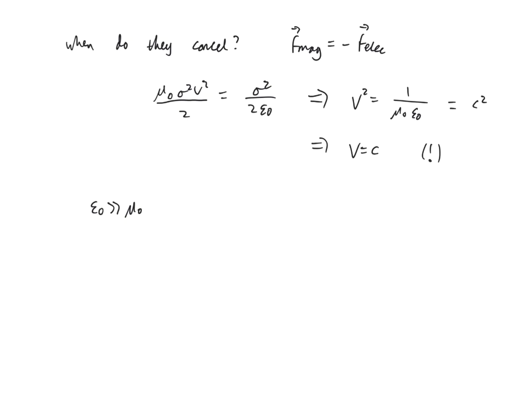The interesting thing is that usually, if we consider a wire or something like this, we can have a net charge which is equal to 0. So we actually have huge electric forces between the positive and negative charges, but they just cancel out.